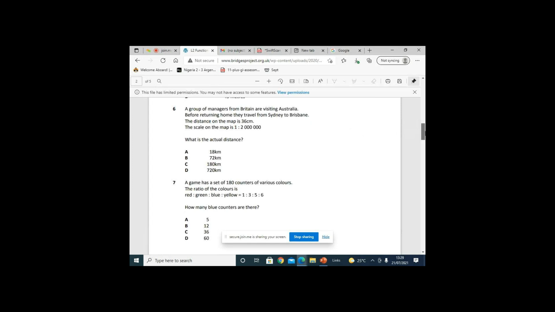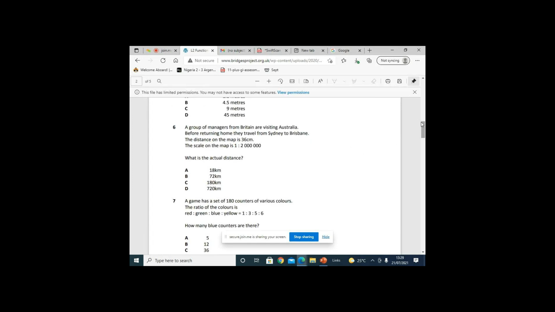What about question 6? It's all about scale.